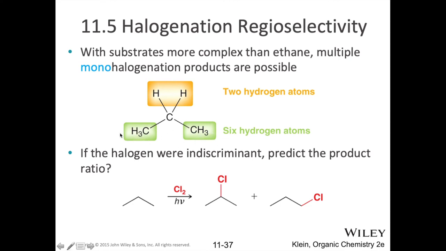So in terms of ratios, I've got 3 times as many opportunities to swap out these terminal hydrogens. So looking at these two products, from a probability standpoint, I would expect more of this product over here on the right, where a terminal hydrogen has been swapped out. Okay, but keep in mind, of course, there's a difference between the type of radical you form.